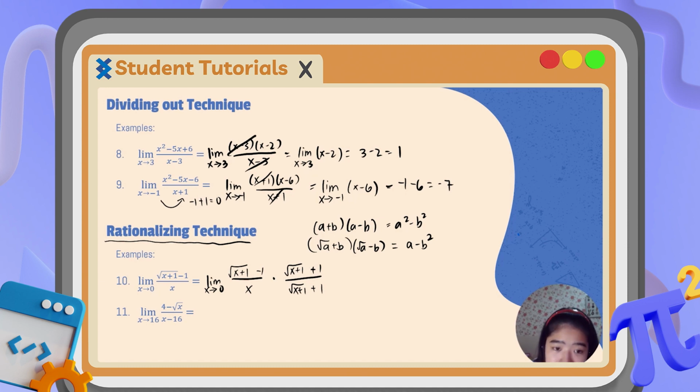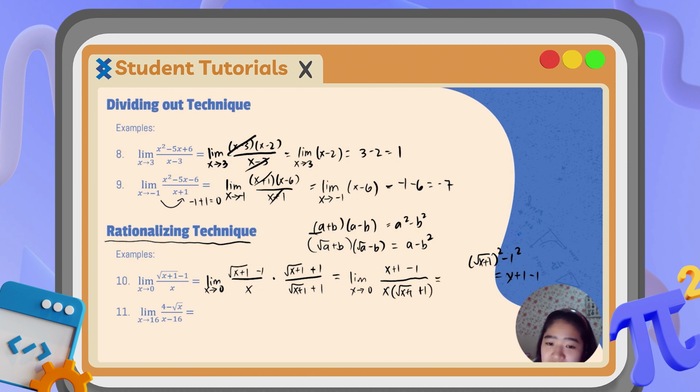And then when you do that, you can reduce the numerator to x plus 1 minus 1. So what happened there? It's just applying this rule, which is going to give you the square root of x plus 1 squared minus 1 squared, which is x plus 1 minus 1. And then your denominator would then be x times the root of x plus 1 plus 1.